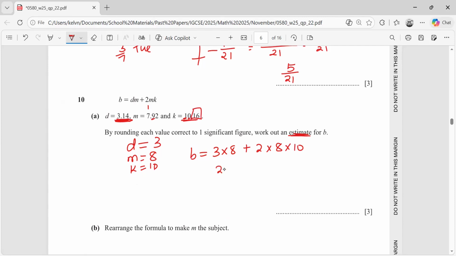So this is 24, because 3 times 8 is 24, plus this will be 16. 16 times 10 is 160. This gives us 184. Yes, 184 is our answer.